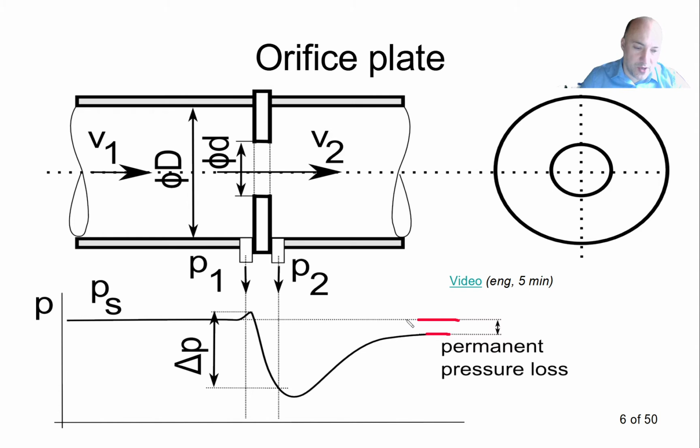The permanent pressure loss is not very large for an orifice plate, but it is still there. And we will see that this is one of the disadvantages of the orifice plate when we compare it, for example, to the Coriolis flow meter or other flow meter types.